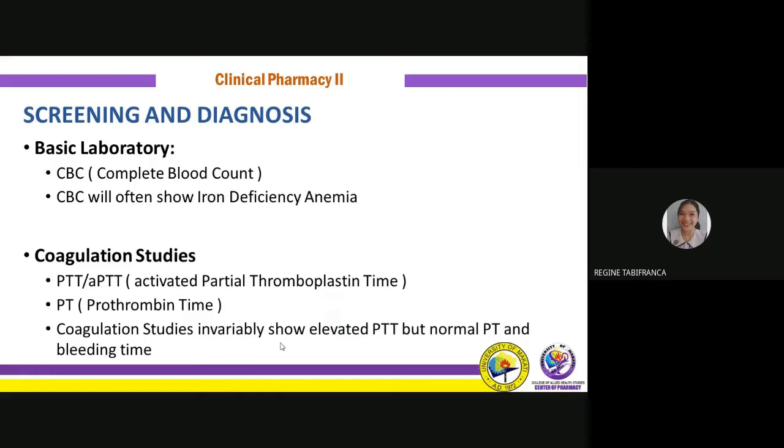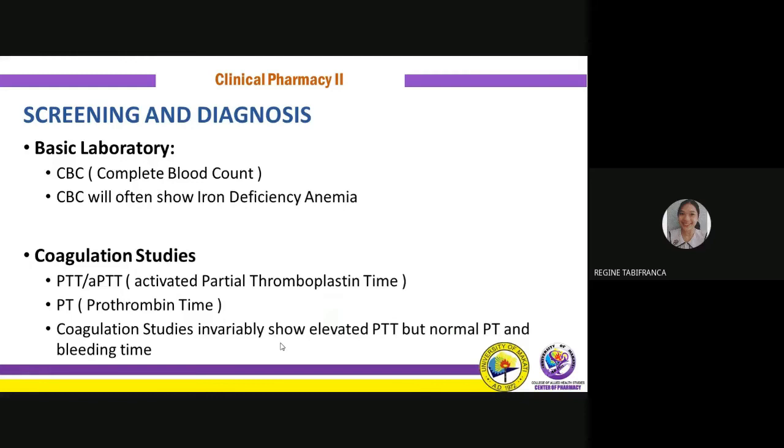The intrinsic pathway measures the partial thromboplastin time, mediated by factors 12, 11, 9, and 8. In patients with hemophilia A and B, the result of this test will show a longer clotting time. So in the APTT we see a deficiency in factors 8 and 9.